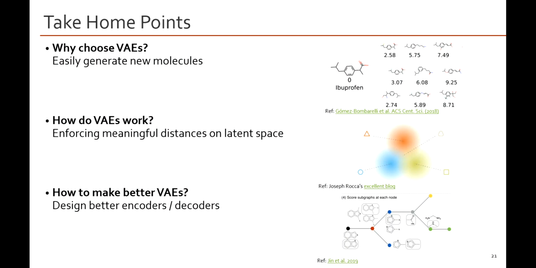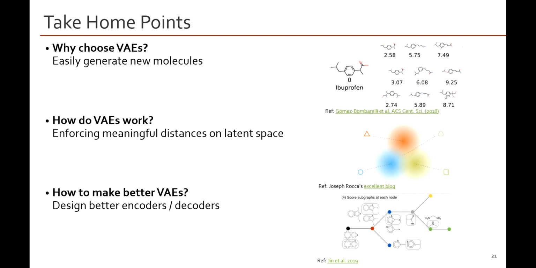Then I can make slight changes to them and decode it back to molecules that should have similar functionalities. And the way that I do that is by using variational autoencoders, which force me to learn that coordinate space in a way that similar structures are grouped together closely in molecular space, or in that latent space.